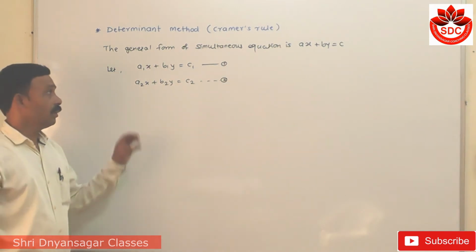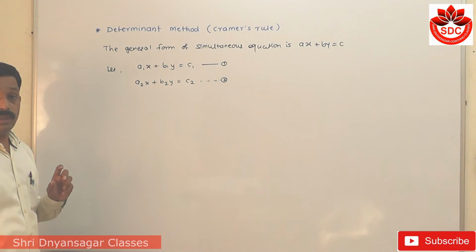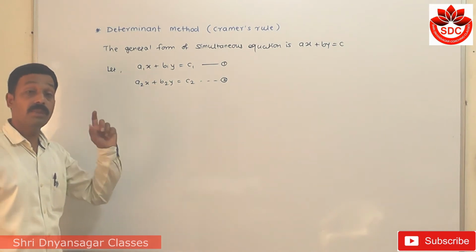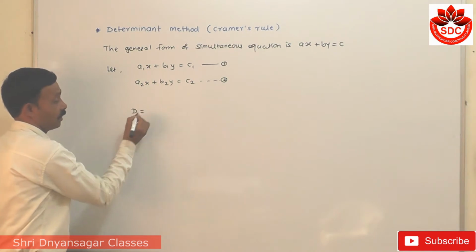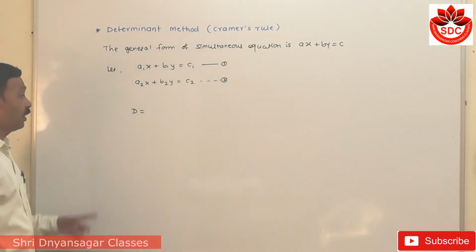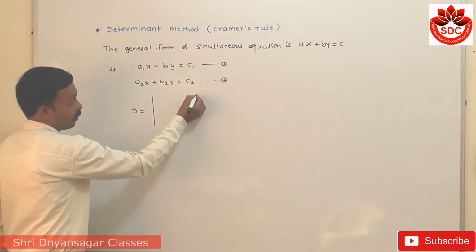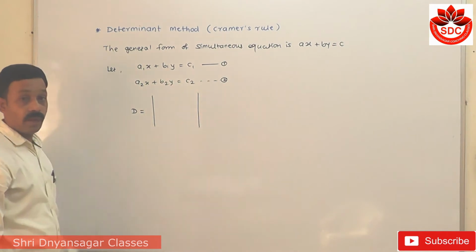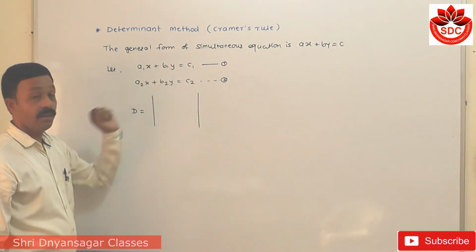Now students, if two equations are given, how do we find the value of the determinant? Look carefully. The value of determinant D is equal to, in the modulus or absolute value, the coefficients of the variables x and y.